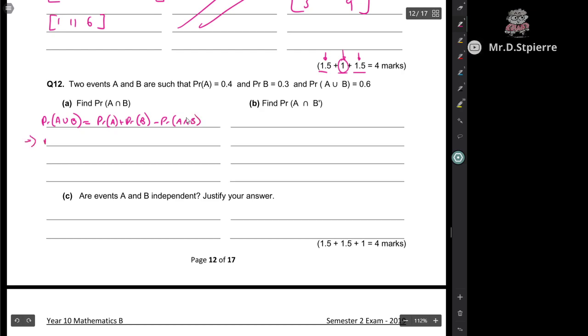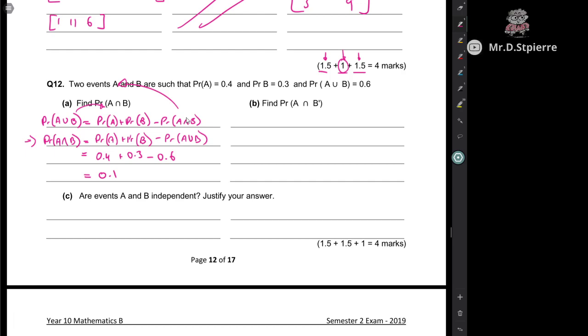So we can now get that the probability of A intersect B, just rearranging this, taking that over this way and then this one over this way, is equal to probability of A plus probability of B, take away the union of A and B. So we're going to get 0.4 plus 0.3, take away the 0.6, that gives us 0.1. Done. Find the probability of A intersect not B.